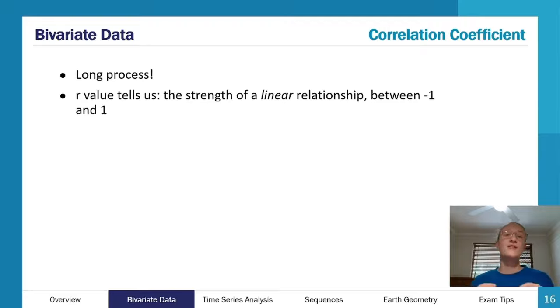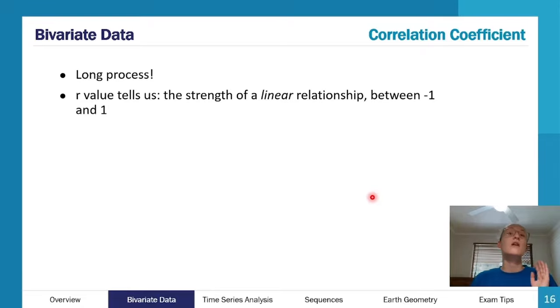So what does an R value tell us? R values tell us the strength of a linear relationship, and they can range between -1 and 1. So -1 is a perfect negative relationship. If we had a little scatter plot here, a perfect negative correlation would be a direct perfect negative correlation.